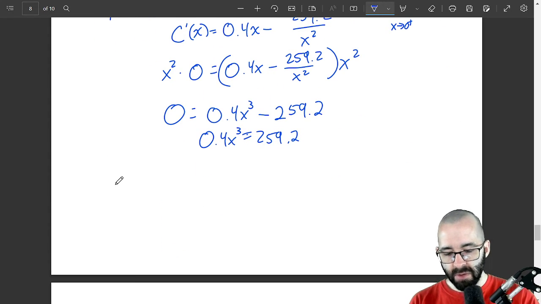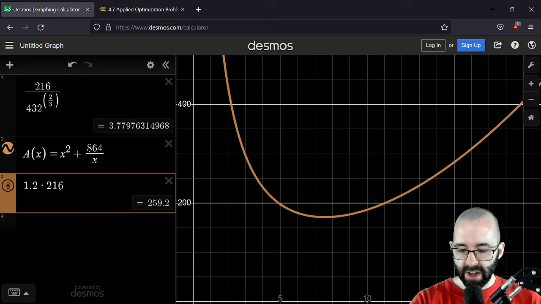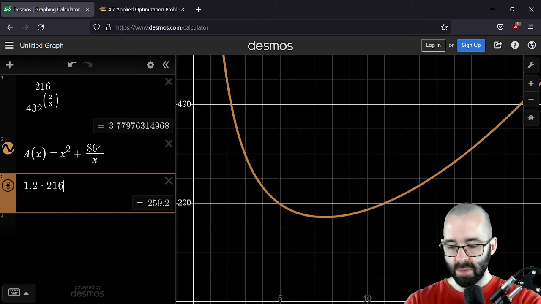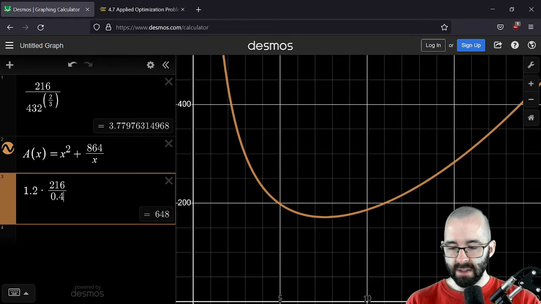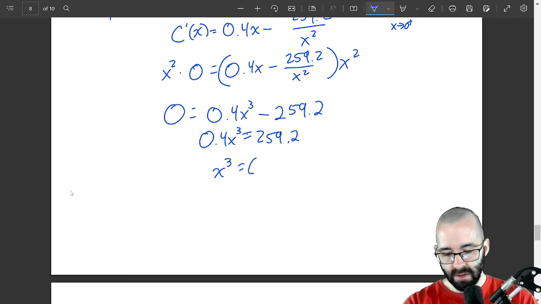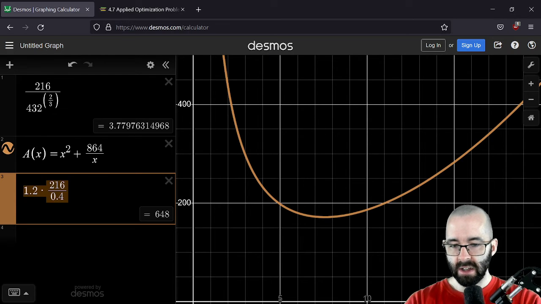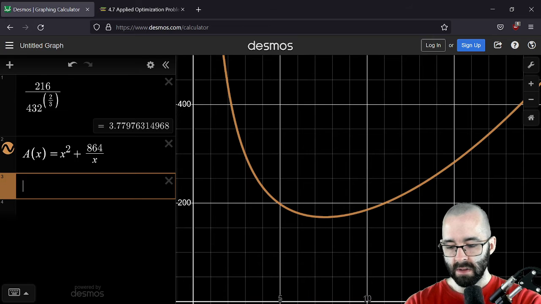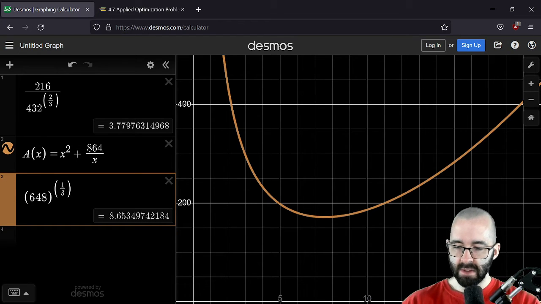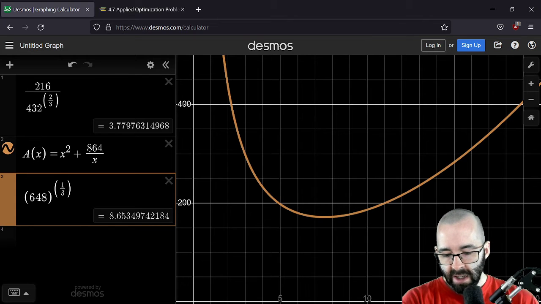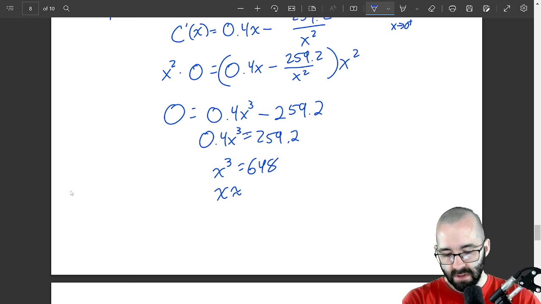Divide both sides by 0.4. That's the same as multiplying by 5 halves. 259.2 divided by 0.4 is 648. So x is about the cubed root of 648. Cubed root is the same as an exponent of 1/3, 8.653 inches.